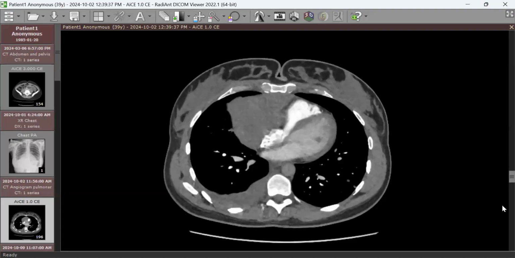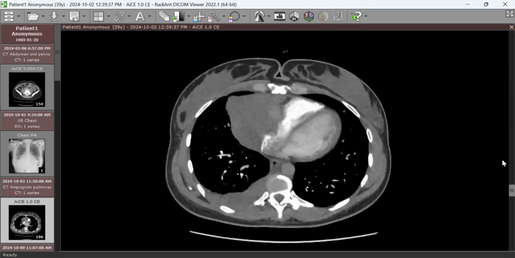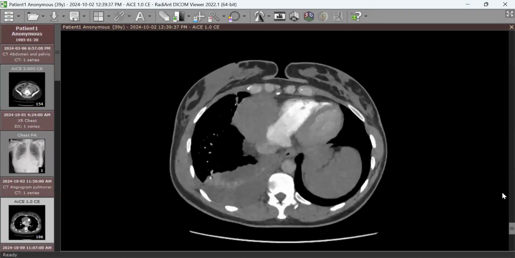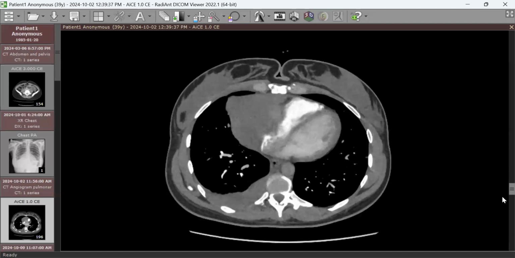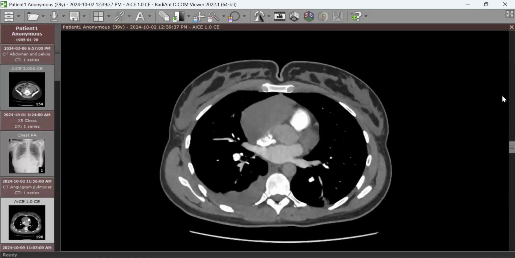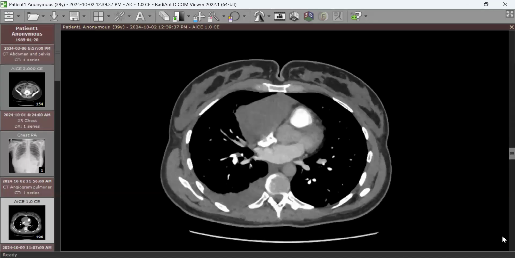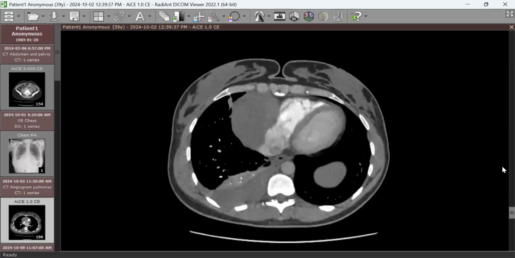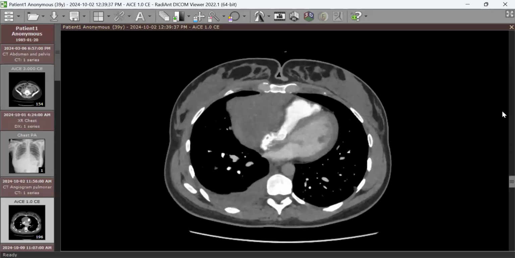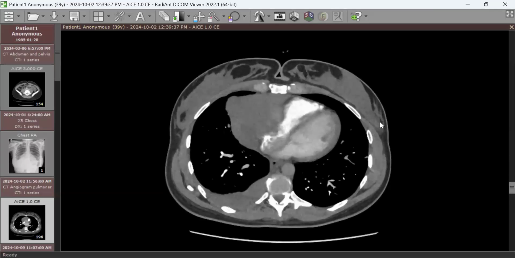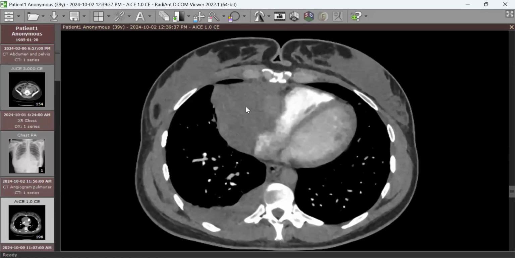Because of the size and the shape of the heart, we thought there might be some pericardial effusion. But what's in the pericardium now? What's in the heart or around the heart now in this image? There is a low density lesion, nearly water density, at the right side of the heart.